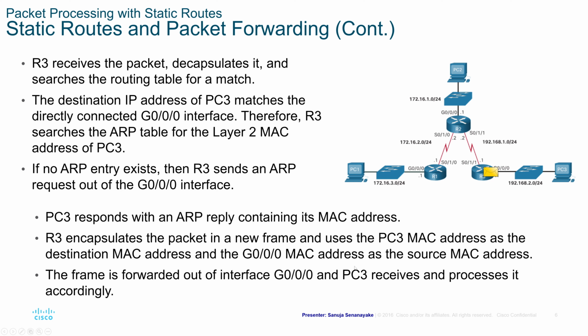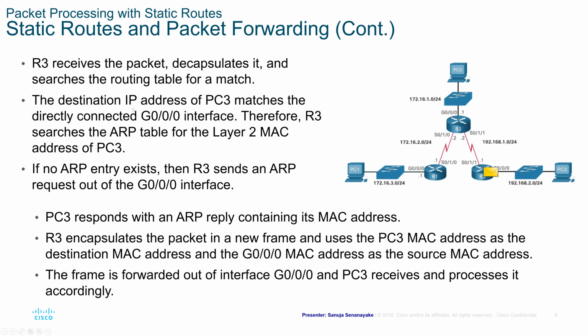So S3 now received the packet because R1 and R2 already had done their job of matching the destination information through their routing tables. Now S3 has received the packet, but it's going to do the same thing as what R1 and R2 did, which is de-encapsulating it, and it also searches the routing table for a match.